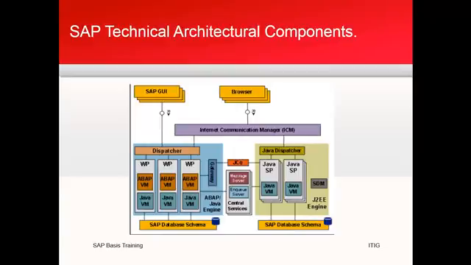On the right side you have the Java stack, which is a Java system developed mainly on Eclipse. So one side is the ABAP stack, another side is the Java stack, and to access the ABAP stack you need to connect through SAP GUI. To access the Java stack you can connect using an internet browser.